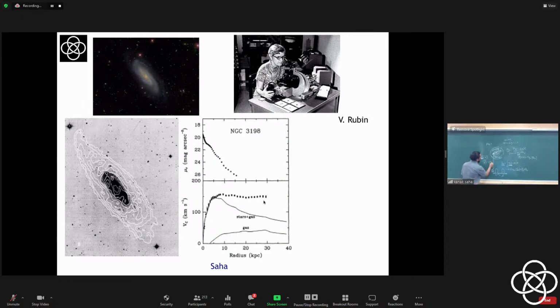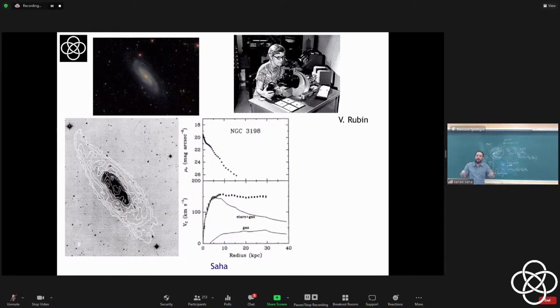So since the mass is constant, one solar mass, as you go further out, the Vc squared should fall off. So if you go far away from the galaxy, then the circular velocity should fall like a Keplerian fall. So this is a Keplerian fall, but instead it stays flat.